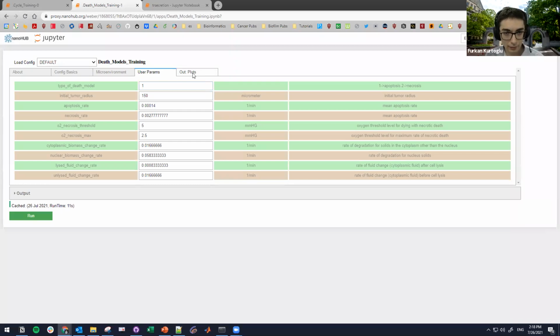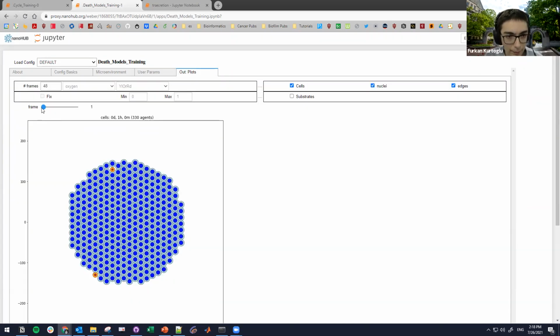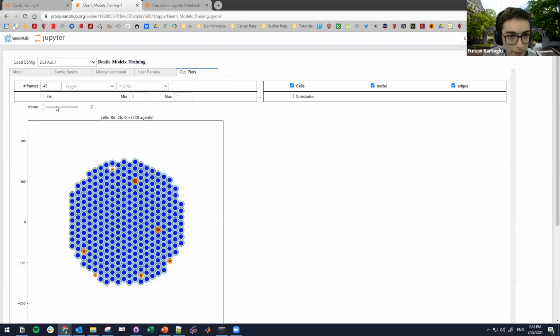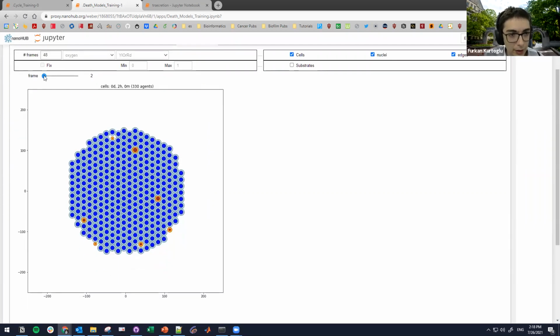So this is actually a very similar thing. The apoptosis rate here is 666, which means they start dying in 60 minutes. Again, this is a stochastic transition rate, but we can fix it too.